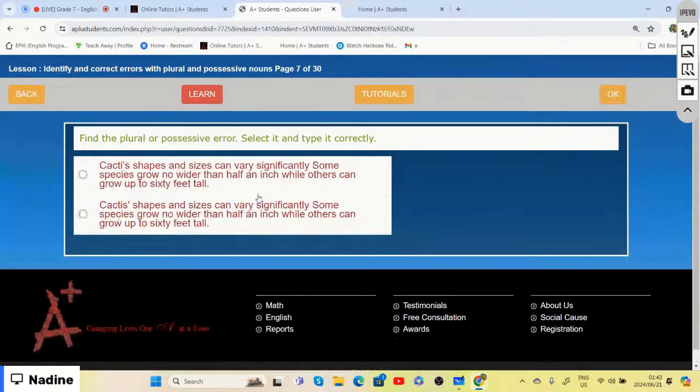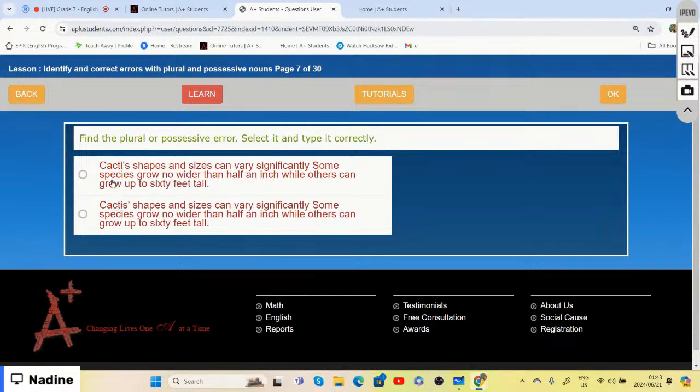All right, now we're also going to have to find the plural or possessive error within the sentence. Remember, plural means that there's more than one, either person, place, or animal or thing, and the possession shows either who owns something or who has something, right? It says cactus or cacti.